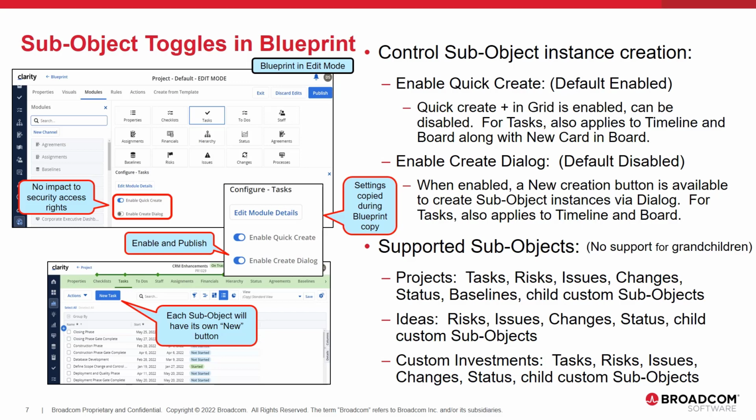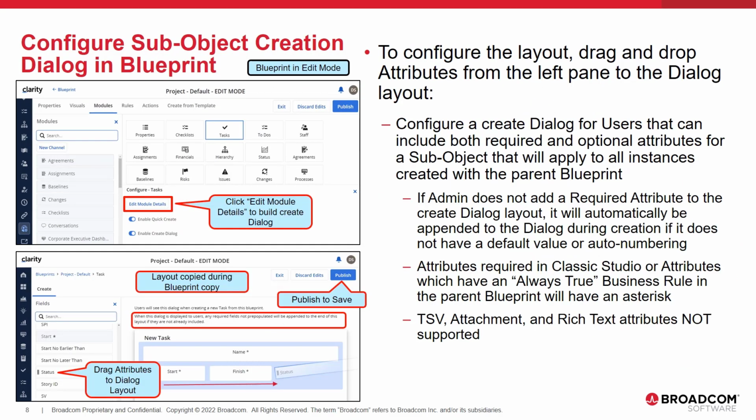For each sub-object, we needed to provide a mechanism to define the actual layout of the creation experience. So similar to what we did with master objects in create from template, we have the same type of functionality available for the sub-object.